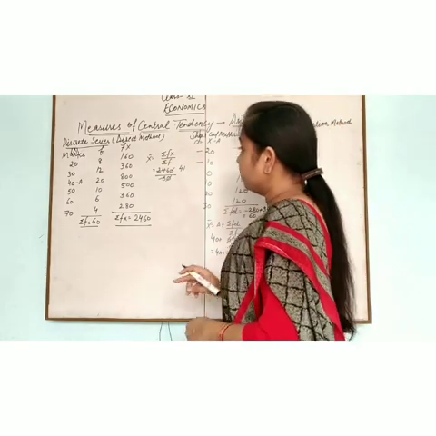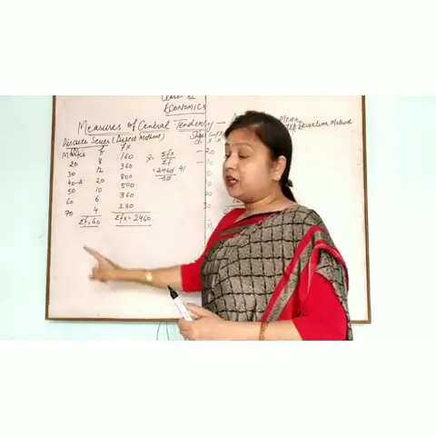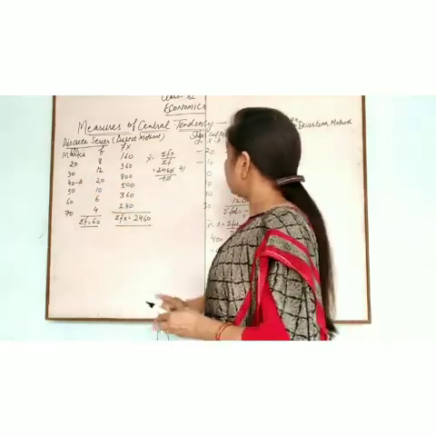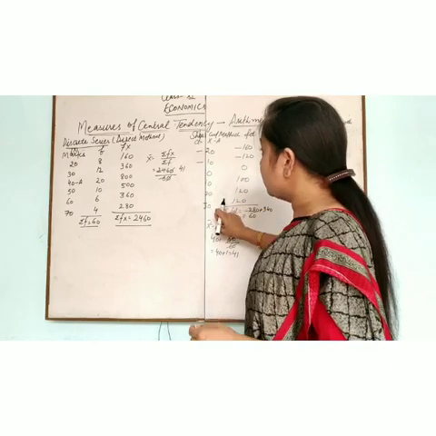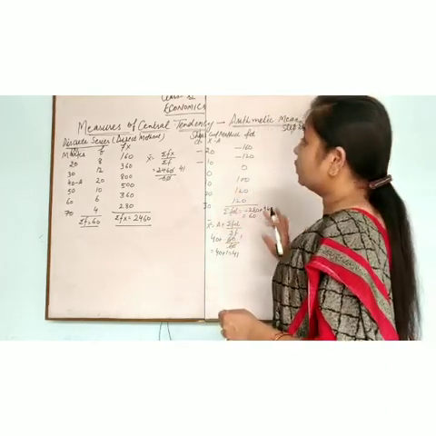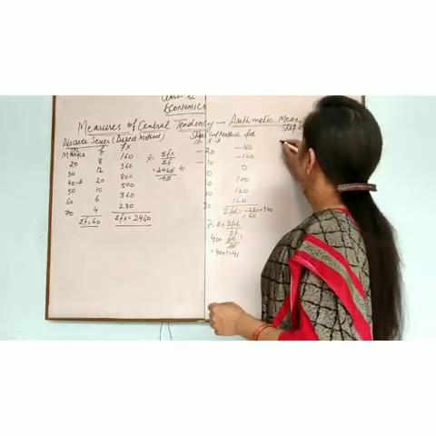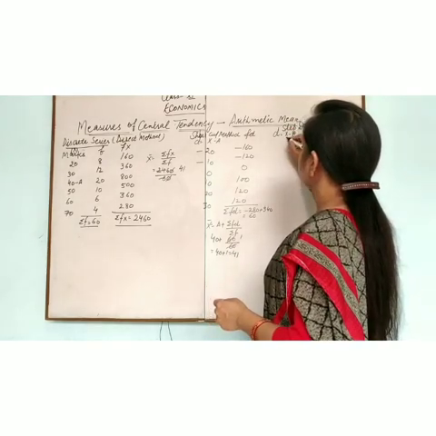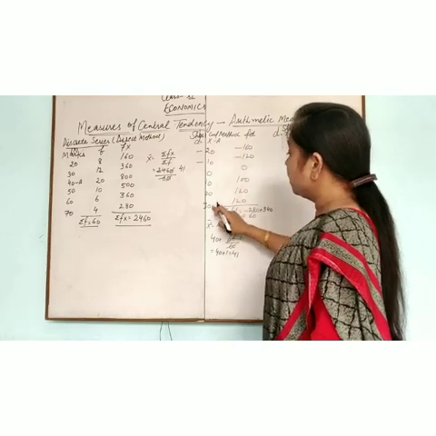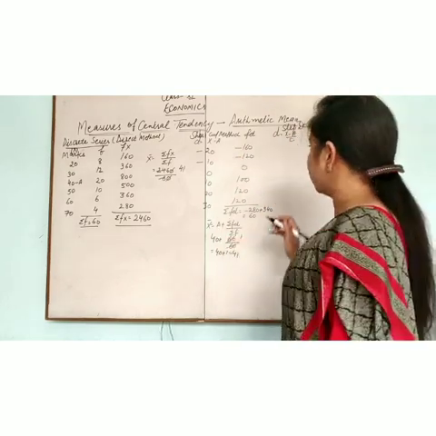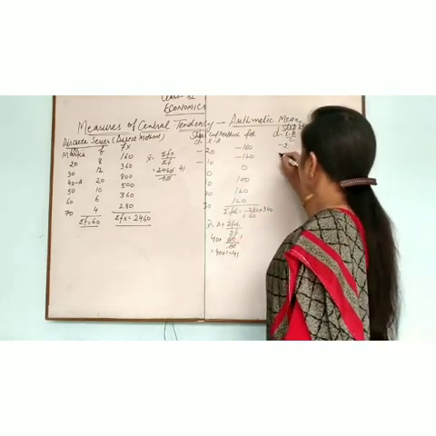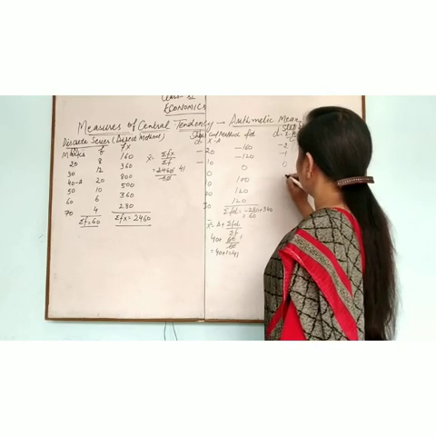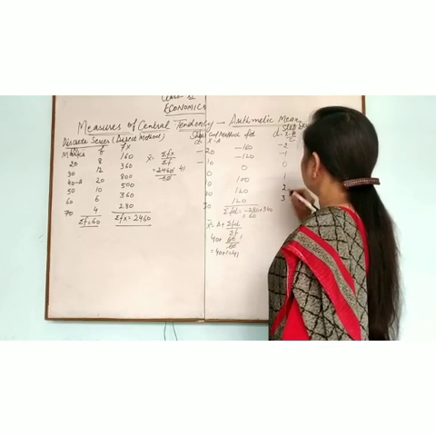In the step deviation method, first of all we will take x, then frequency, then we will calculate d. After the calculation of d, we will calculate d dash, and d dash is equal to x minus a upon c. Here 10 is a common difference. We can divide with 10: minus 2, minus 1, 0, 1, 2 and 3.